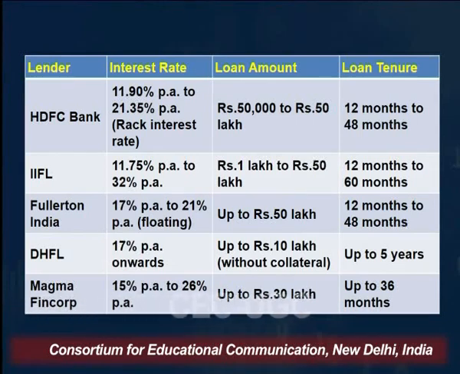The interest rate is 17% per annum onwards, up to 10 lakhs without collateral and up to 5 years. And with Magma FinCorp, the interest rate starts from 15% per annum to 26% per annum, up to 30 lakhs is the loan amount and up to 36 months is the loan tenure.